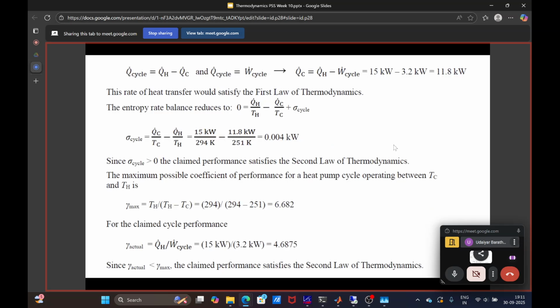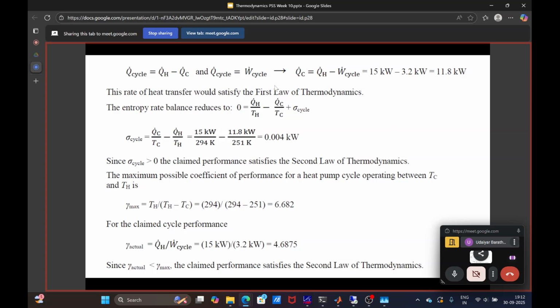So applying the first law, we get QC to be QH minus W, because Q net is W net for a cycle. So QC is 11.8 kilowatts. That is the amount of heat extracted from the ambient, and 15 kilowatts is what is dumped in the room.